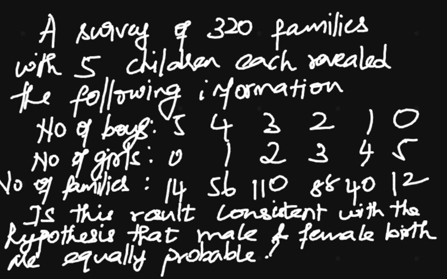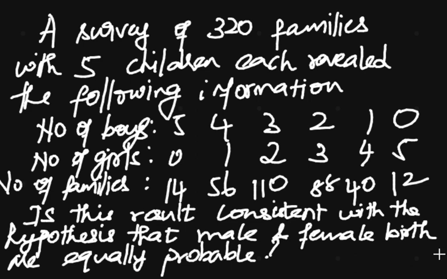So here we are taking 320 families. In each family, 5 children are there. Either the child may be a boy or a girl. Suppose in a family there are 5 boys, definitely the number of girls will be 0, because we are considering a family with 5 children.